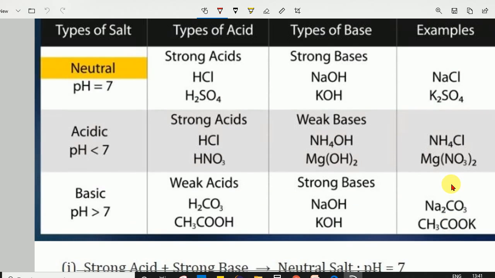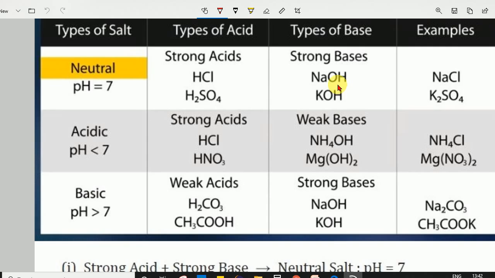Let us understand from this table. For example, suppose I have been given a strong acid HCl and NaOH. In the neutralization reaction, I told you that the reactant is acid plus base, and the product is salt plus water, right? So in this reaction of HCl and NaOH, we will get a salt. Now for the various examples of salt, how will you do it?